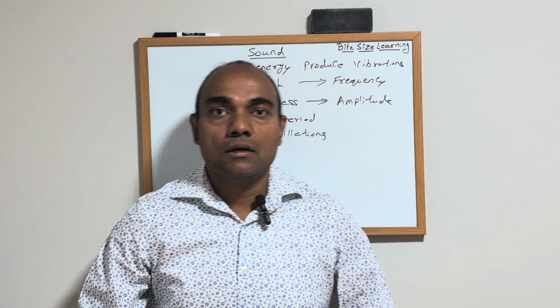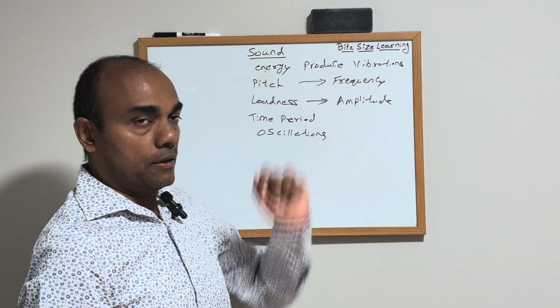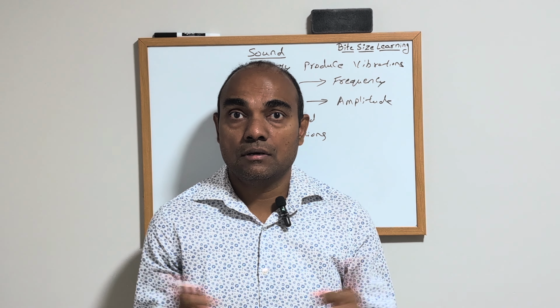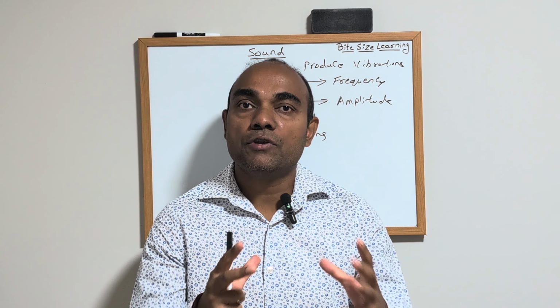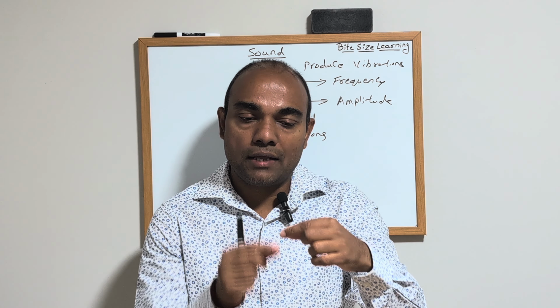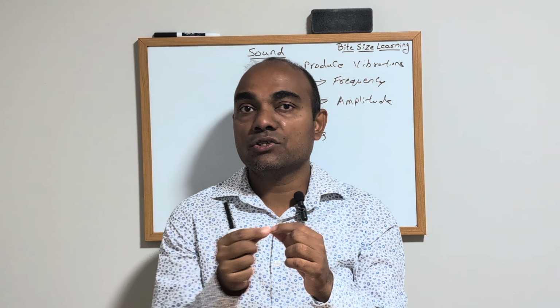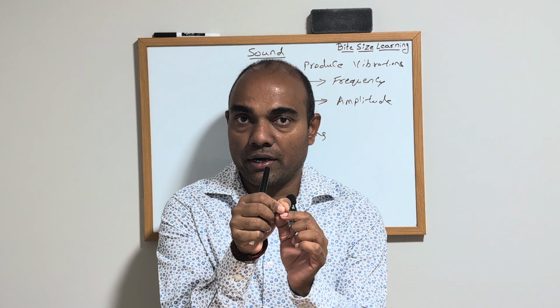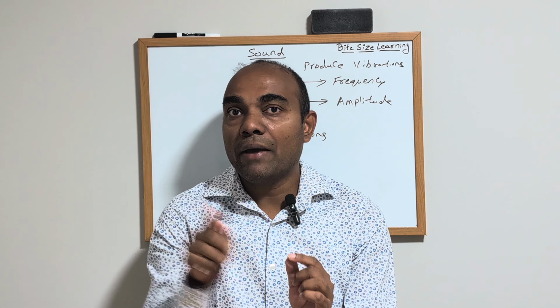Alright, so what is pitch, or frequency? The number of oscillations that happen per second is the frequency of sound, right? Let's say you have a pendulum, an object that is oscillating. Oscillating motion is movement of an object from a central, equilibrium point, back and forth.